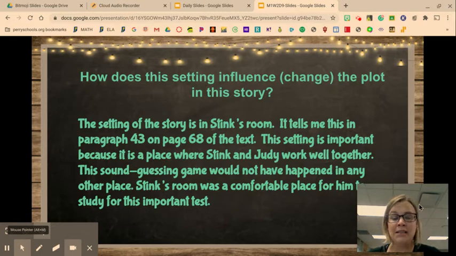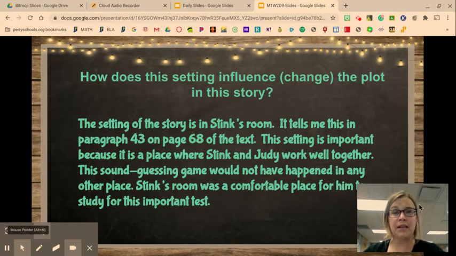This sound guessing game would not have happened in any other place. Stink's room was a comfortable place for him to study for this important test. So going to his bedroom was an important part of this story. Without him going to his bedroom, he wouldn't have been able to study for his test.